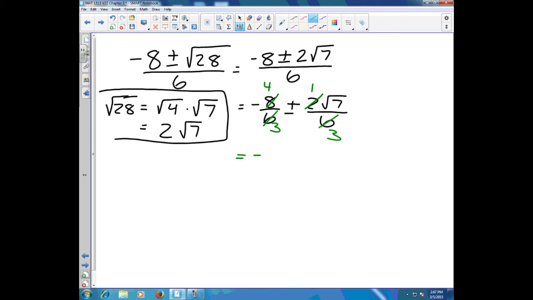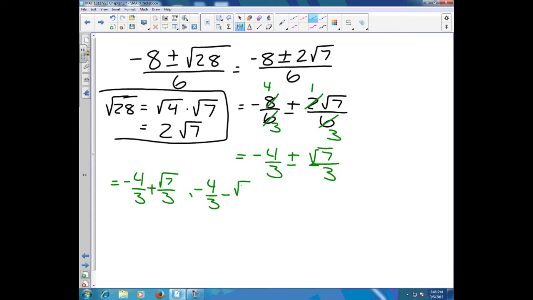And so what we get is negative 4 thirds plus or minus square root of 7 over 3. Or negative 4 thirds plus the square root of 7 over 3, and negative 4 thirds minus the square root of 7 over 3.